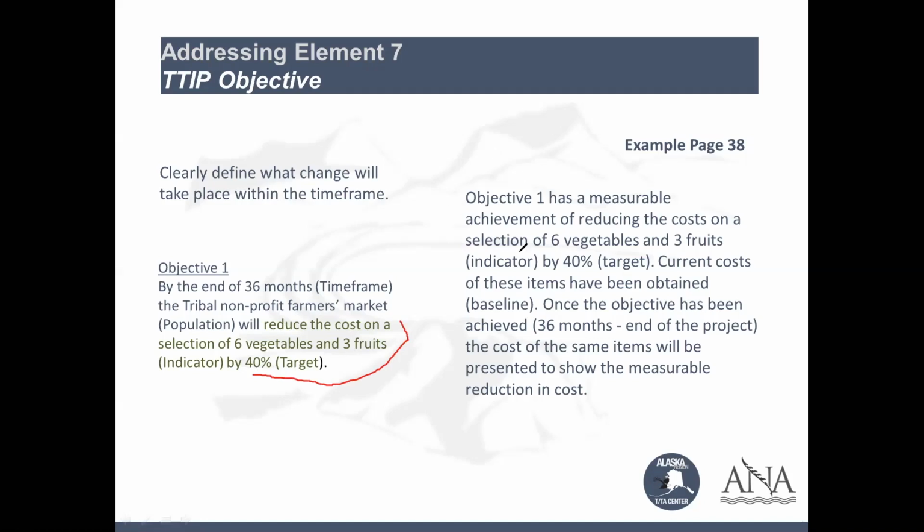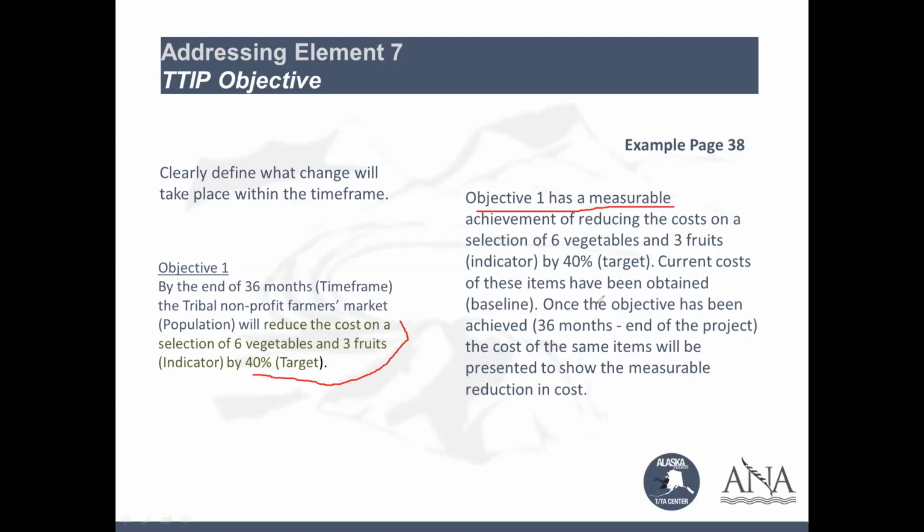We are going to then give a brief narrative description of what that means. Objective 1 has a measurable achievement of reducing the cost on 6 vegetables and 3 fruits by 40%.